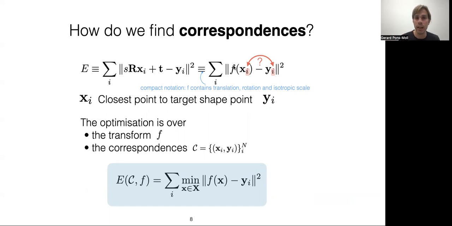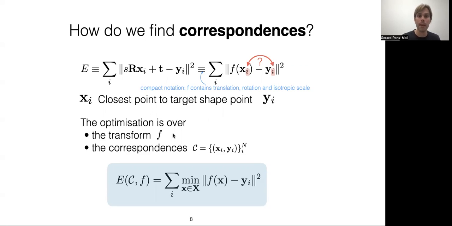And the goal here is to find f and the correspondence xi such that this distance is minimal for all the points, right? So xi here denotes the closest point to the target point yi. That's the notation we're using in order to make this notation lightweight. This is not indexing the matrix. It's basically saying xi is the closest point to the target shape point y.